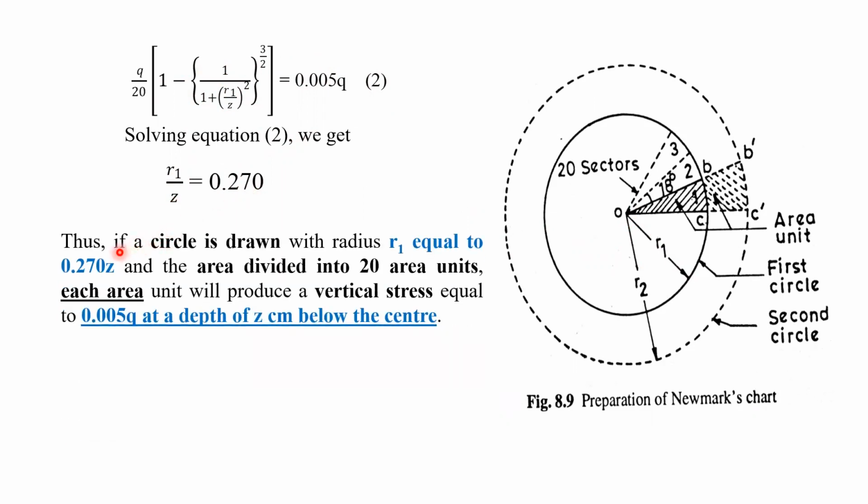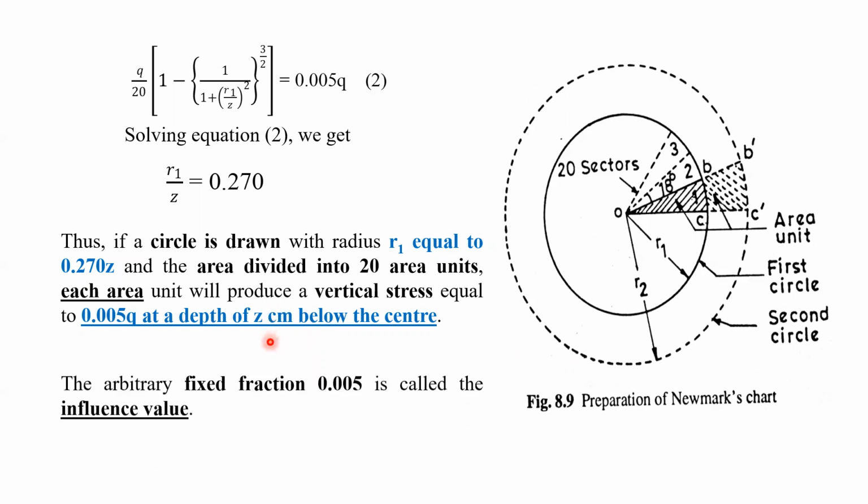Here R1 is the radius and z is the depth at which we want to find the vertical stress. So it says that if a circle is drawn with a radius R1 equal to 0.27 times z, and the area is divided into 20 area units, each area unit will produce a vertical stress equal to 0.005 q at depth z below the center, z centimeter or z meter, whatever it may be.